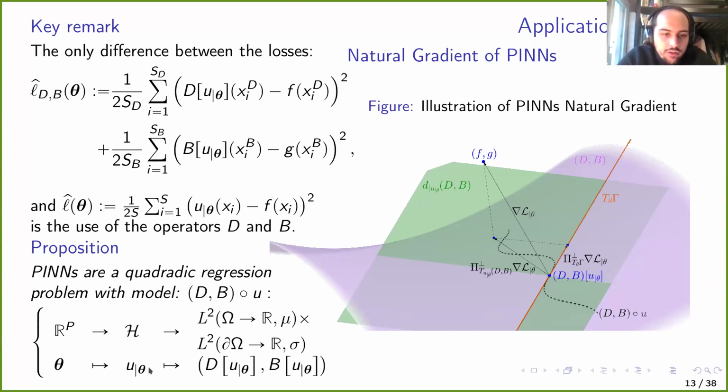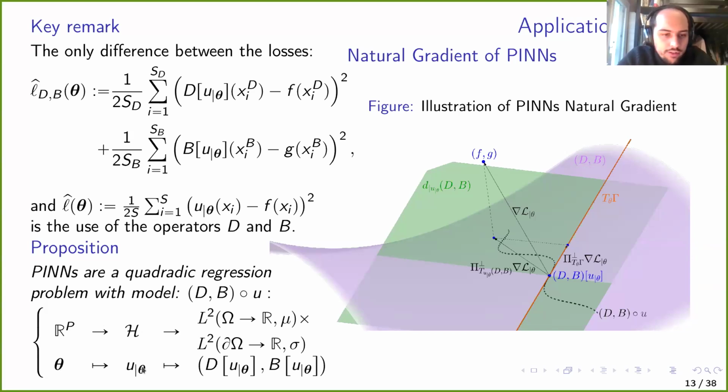It's just that instead of regressing with our neural networks directly, we regress with what we call the compound model, which is this whole model here, where we start from a parameter theta.